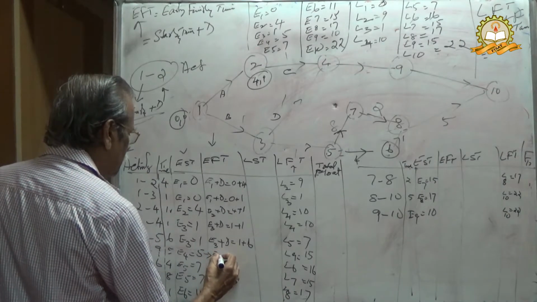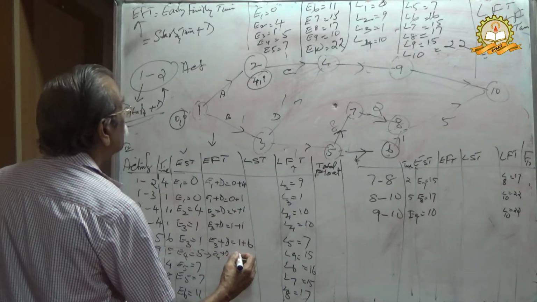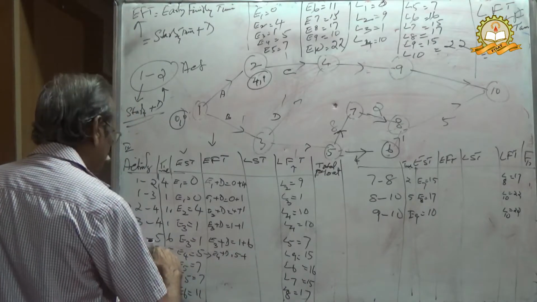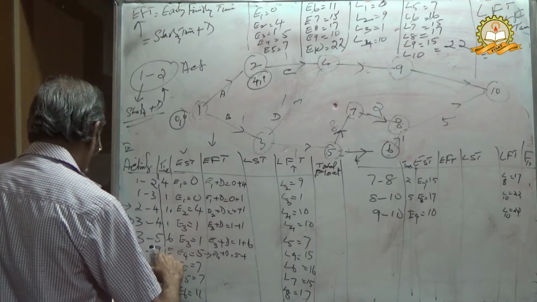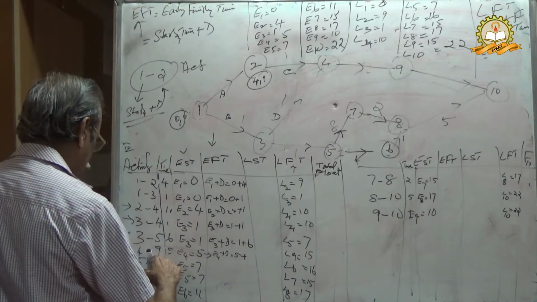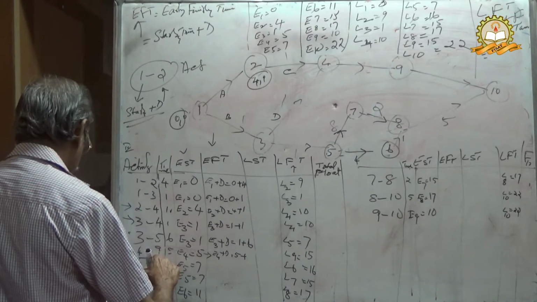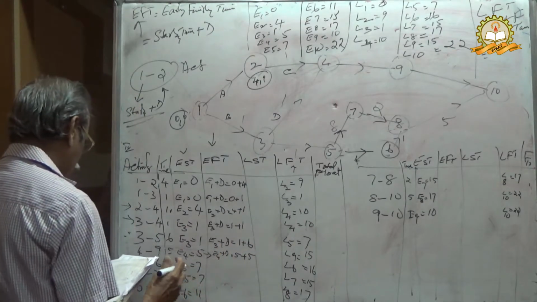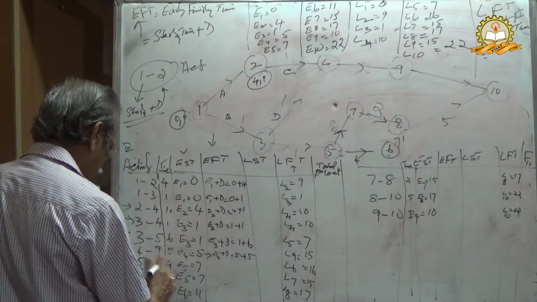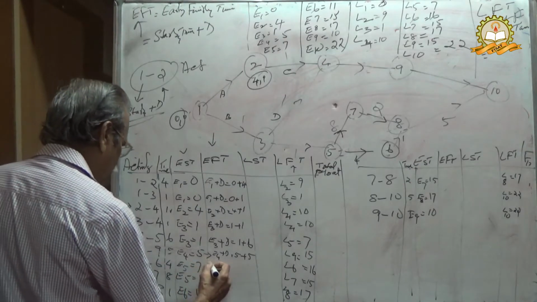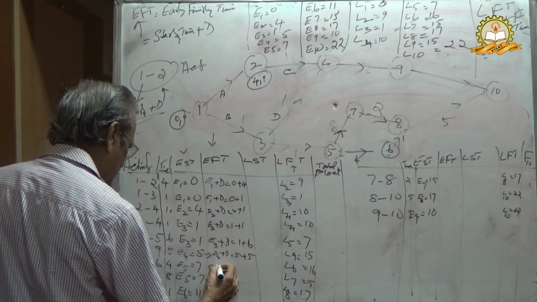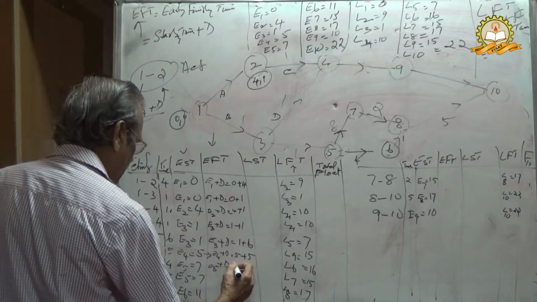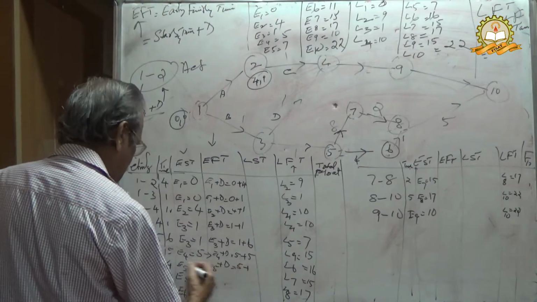E4 plus duration, so 5 plus the duration of 4 to 9, which is 5. Then 5 to 6. E5 plus duration. E5 equals 5 plus duration 4.